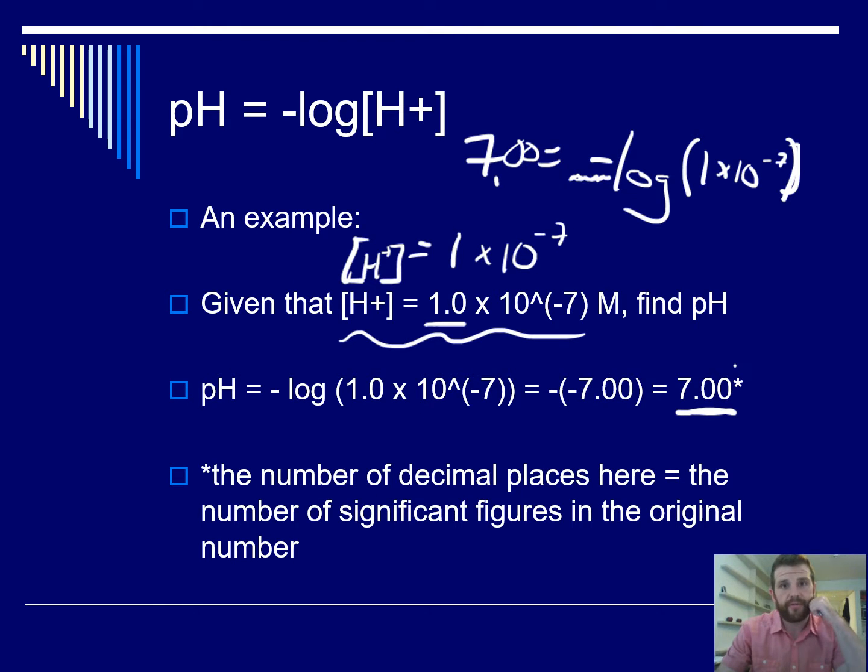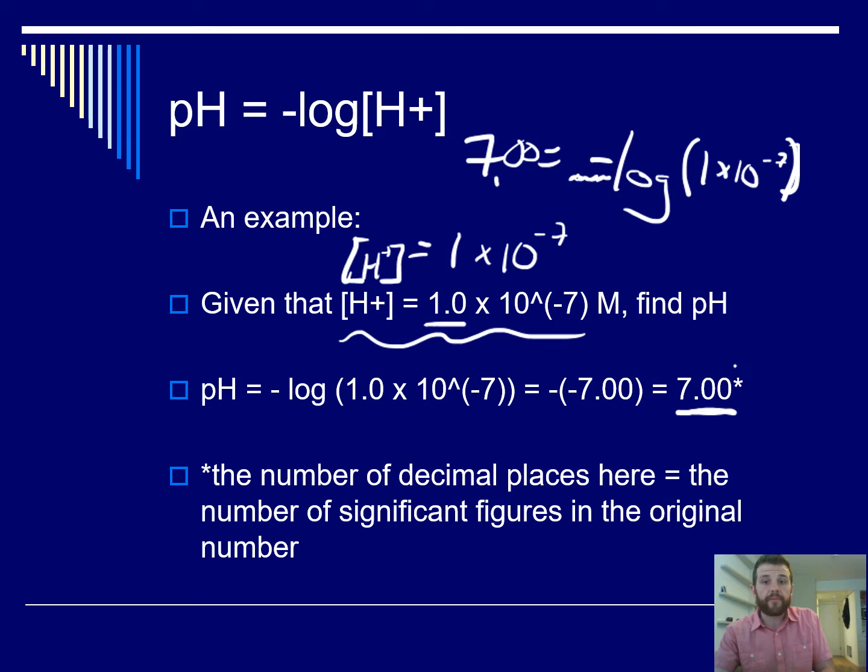So if we were just going to find the pH of something, and I know that I have a concentration of 1 times 10 to the negative 7th as my concentration of H+, I'm going to just do negative log of 1 times 10 to the negative 7th. And I end up getting a value of 7.